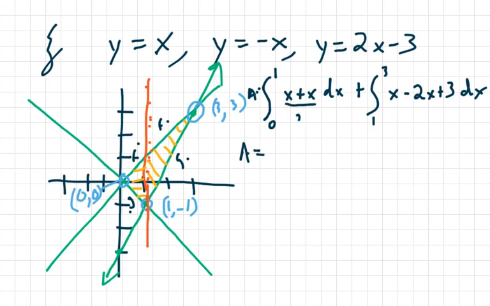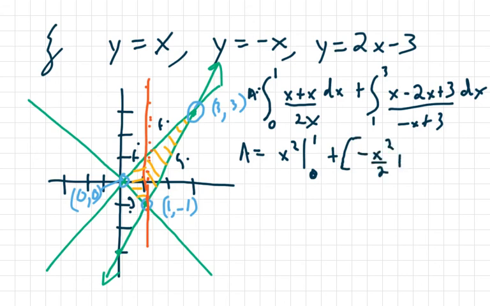This is just 2x. So the integral of that one is just x squared from 1 to 0, plus, this here simplifies to be -x plus 3. So that'll be, put this in brackets, I guess, -x squared over 2 plus 3x, bounded from 3 to 1.